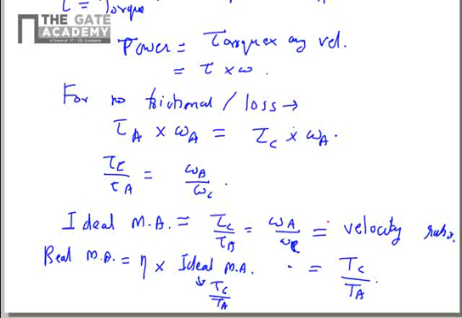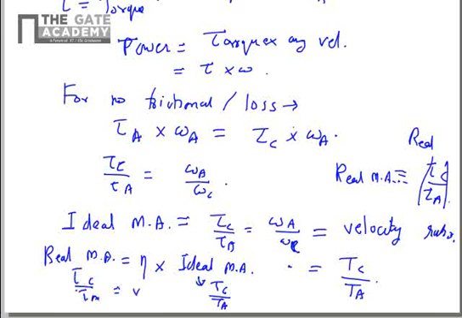Otherwise, if the real mechanical advantage is given as a ratio of torque, the real torque at C divided by the real torque at A, all these real values, then you will substitute the value tau C by tau A and you can calculate eta. So either way the numerical can come.